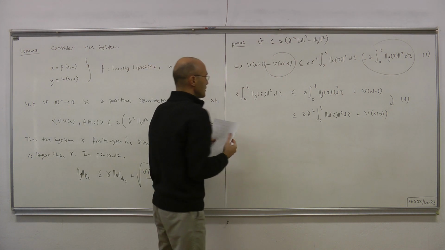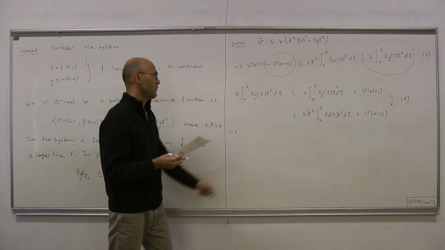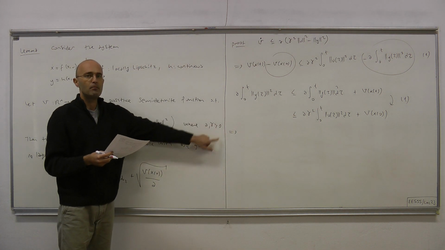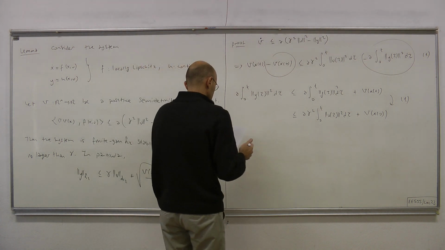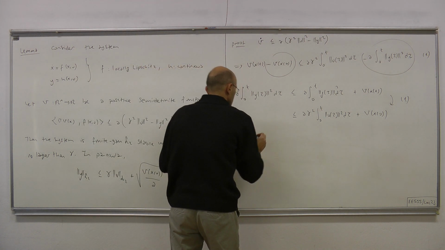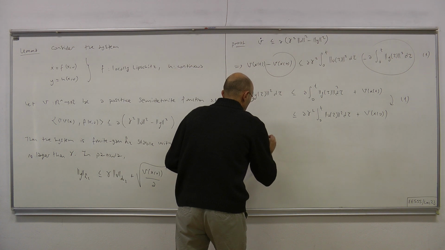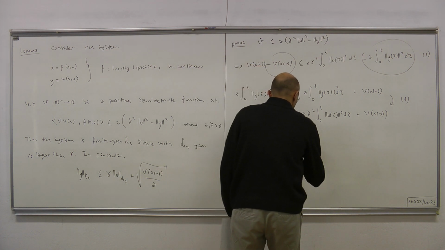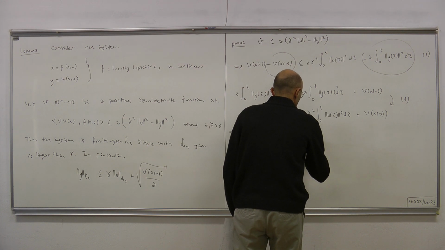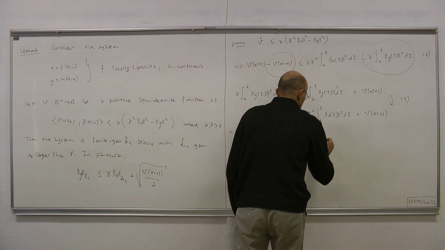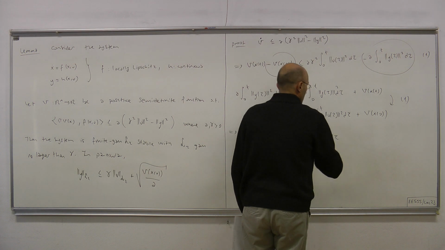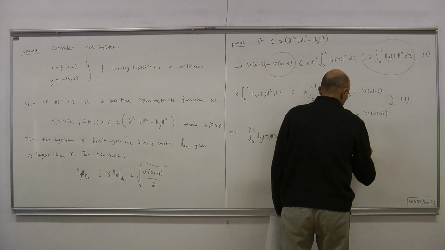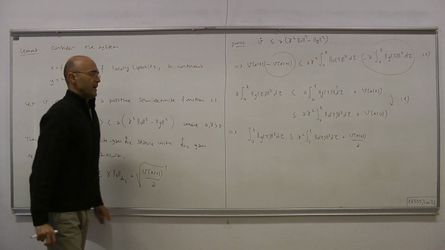Therefore, dividing both sides by a, which won't change the direction of the inequality because a is a positive number, we have the integral from 0 to t of y of tau squared d tau is less than or equal to gamma squared times the integral from 0 to t of u of tau squared d tau plus V of x of 0 scaled by a.